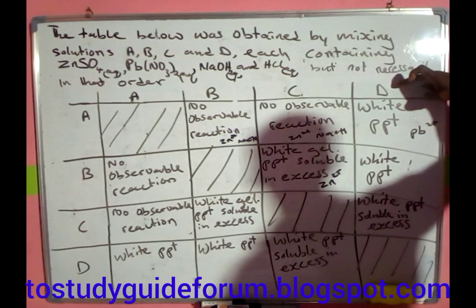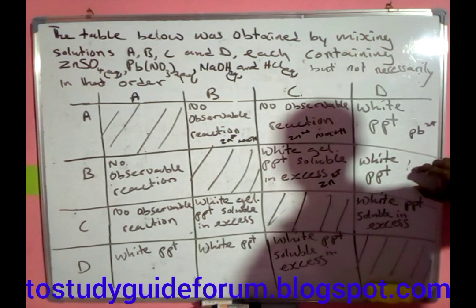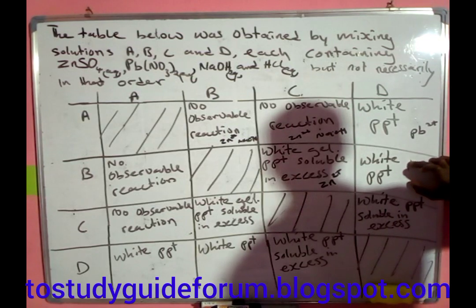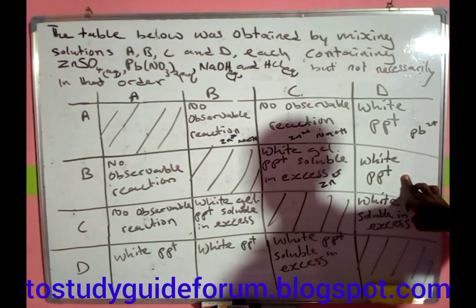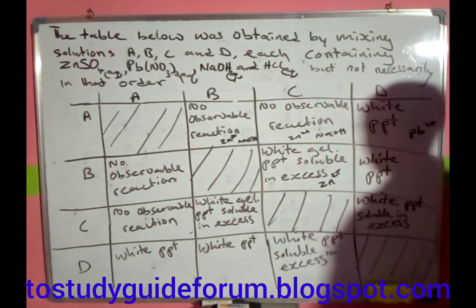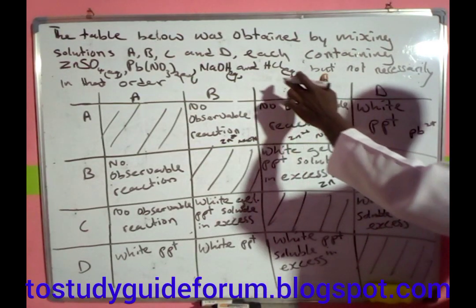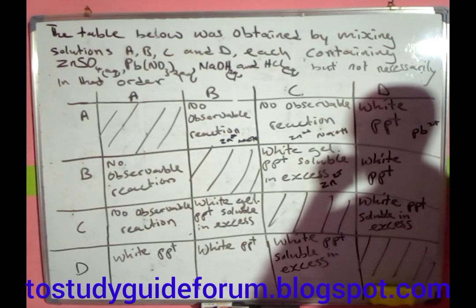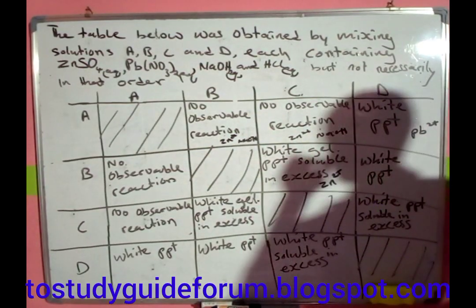Now, coming down to this place again, B plus D, we have a white precipitate. So whatever we have here is insoluble.